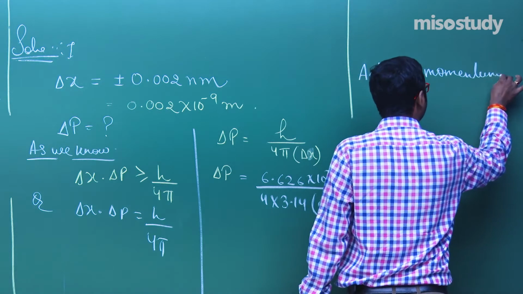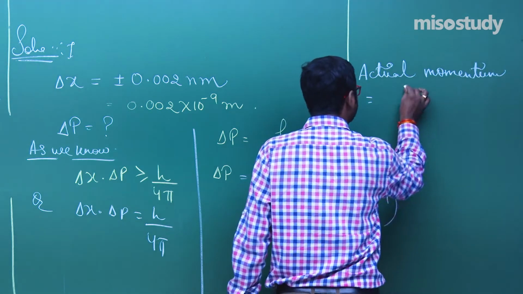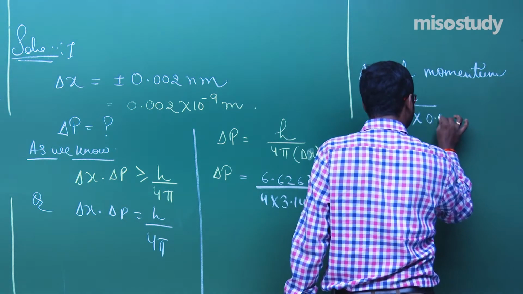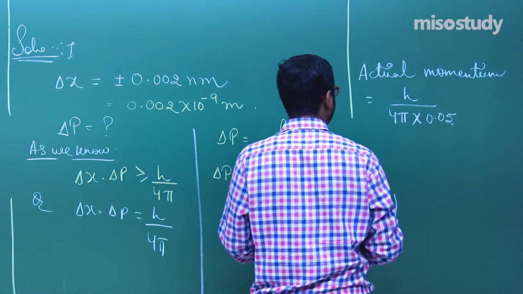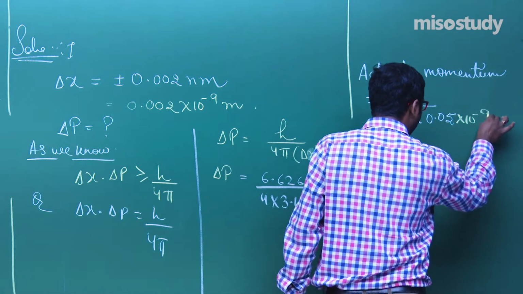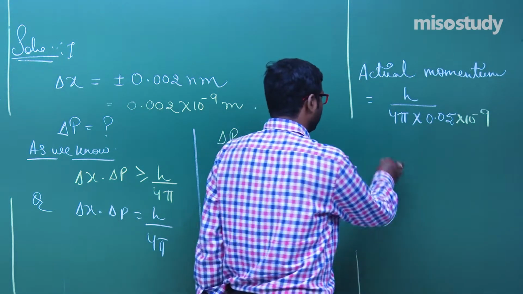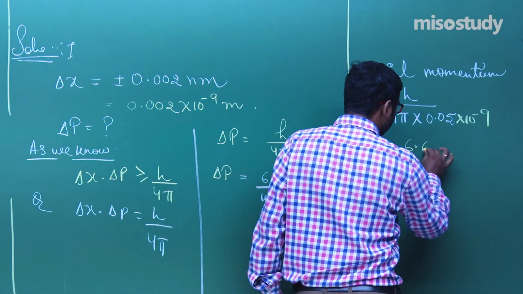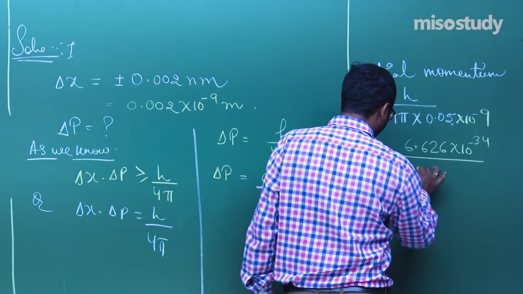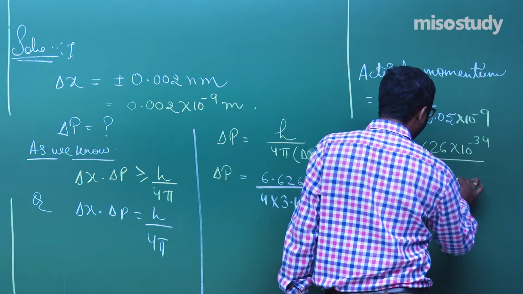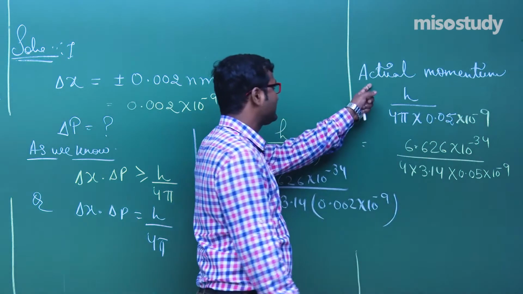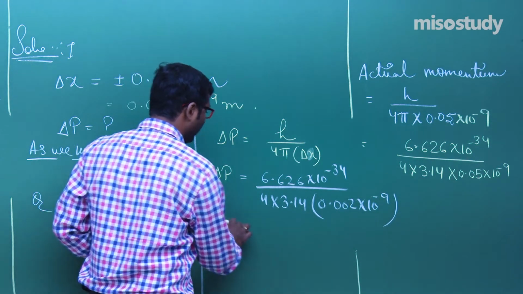Actual momentum is given here equal to h upon 4 pi into 0.05 nanometer, that is, we can write 0.05 multiplied by 10 to the power minus 9 meter. Now put the value: 6.626 into 10 to the power minus 34 upon 4 into 3.14 into 0.05 into 10 to the power minus 9. This is the actual momentum, and this is what we found.